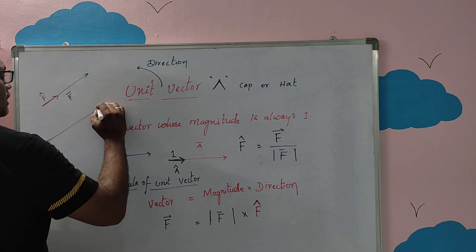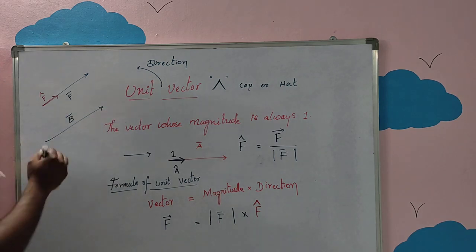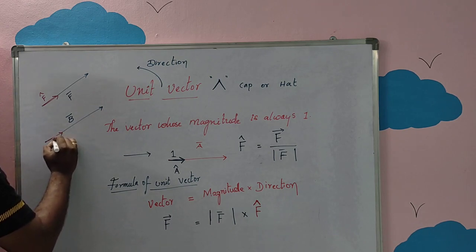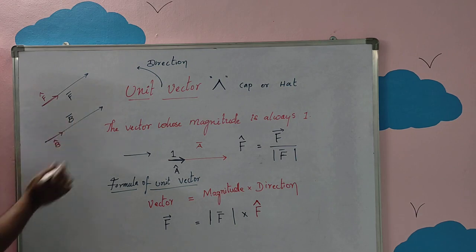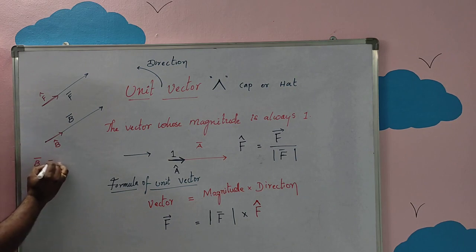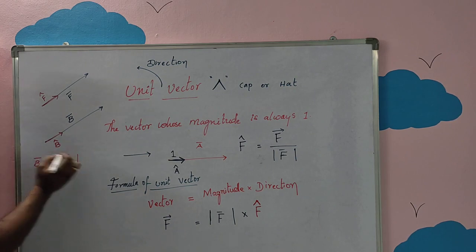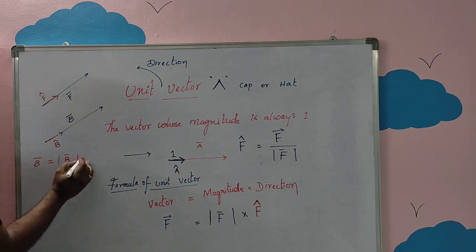You can write it in this way also. If this is a vector b, take its unit vector as b cap. So, this b cap just gives the direction to the vector b. If you call b a vector, that b vector should have a value, which is indicated with the modulus, and also it should have a direction.